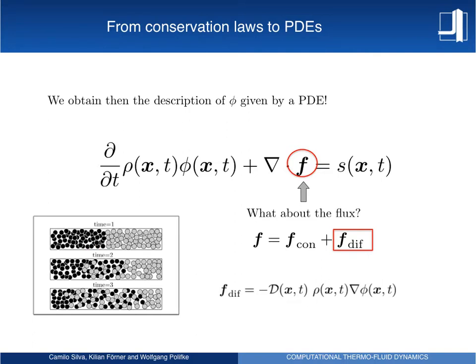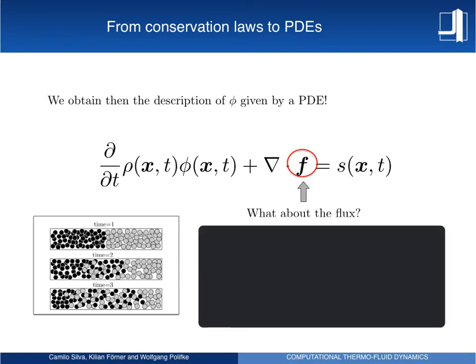If I plot it here, you have a steep gradient. Let's call it temperature. This is x, this is temperature. You have a very high temperature, and suddenly a very small temperature.